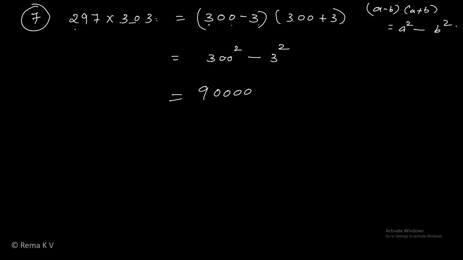Here 2 zeros, its double you have to write here. Then minus 3 square is 9. Let us subtract this. Answer is 89,991.